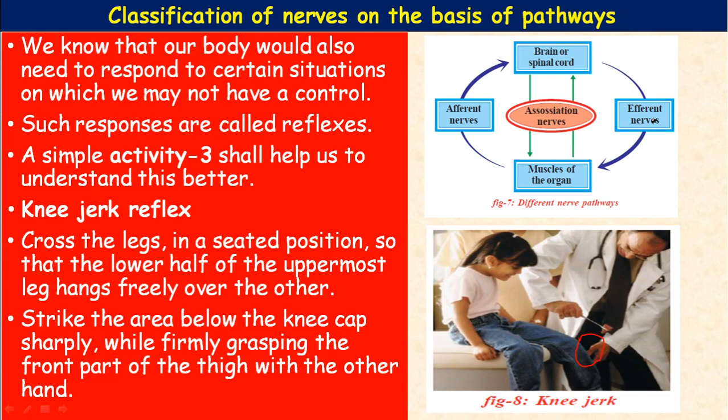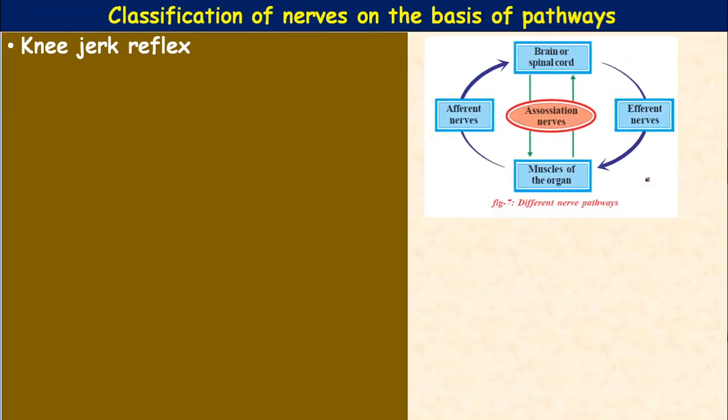Efferent nerves always carry that response to the effector organ. This is the nerve pathway. Especially, these associated neurons are present in the spinal cord. Knee jerk reflex.